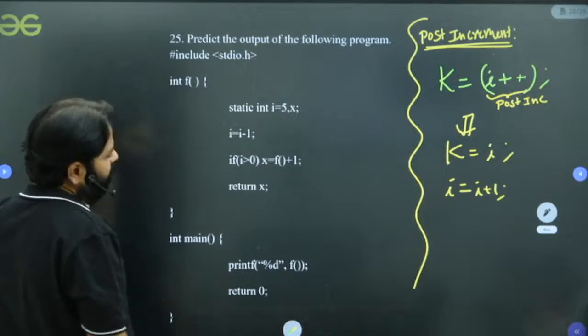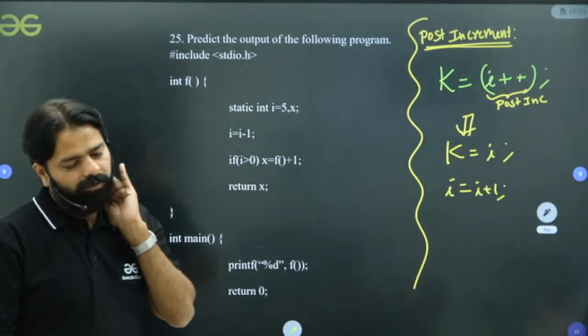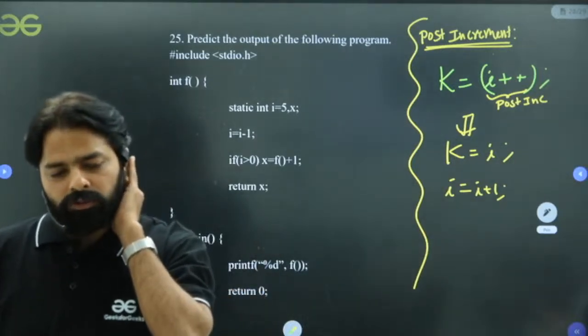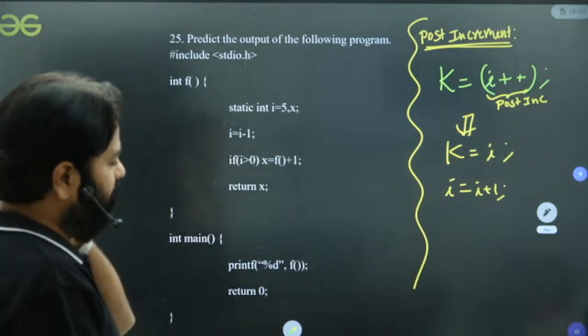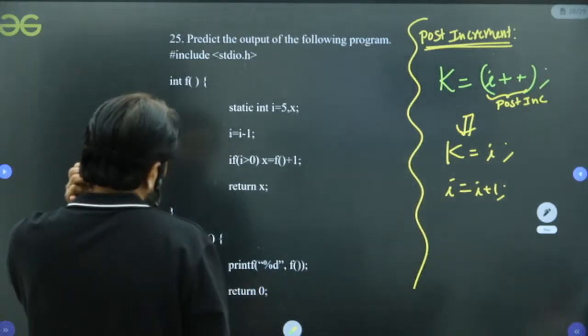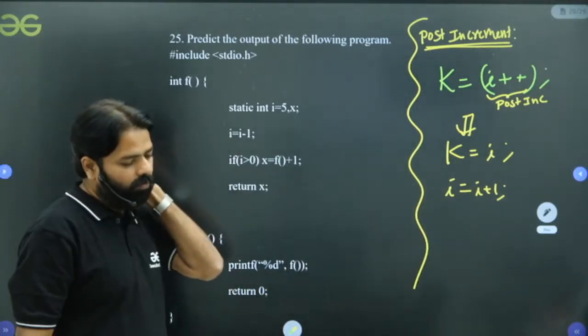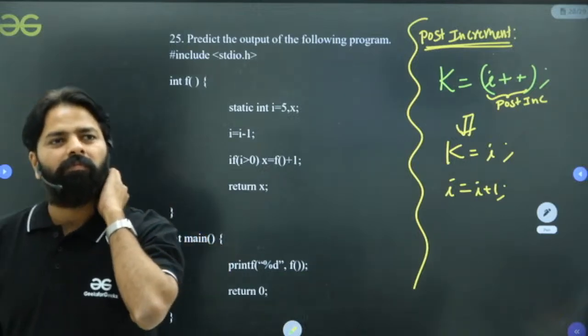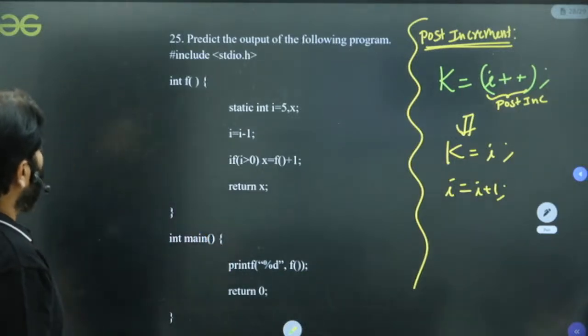Never make such conceptual mistakes. You were understanding post increment as a pre increment, and that was wrong. Post increment doesn't mean that it should increment now.